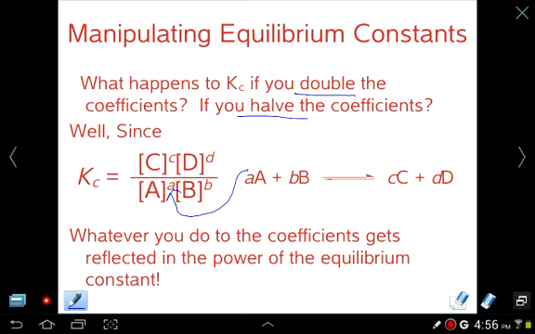Whatever you do to the whole reaction, if you want to multiply the whole reaction by 2, this would mean that you would have to, not multiply, but square the whole equilibrium constant, because the coefficients are reflected in the power. Whatever you do to the coefficients, you end up doing to the power of your constant.